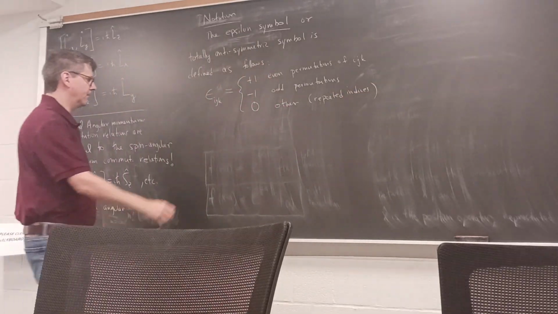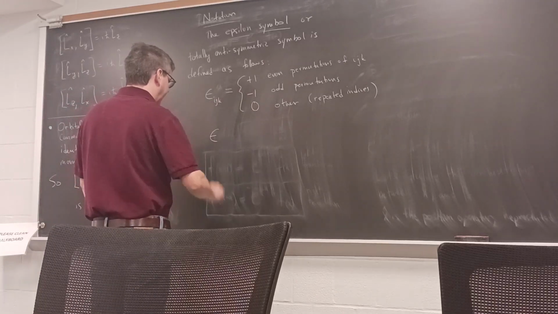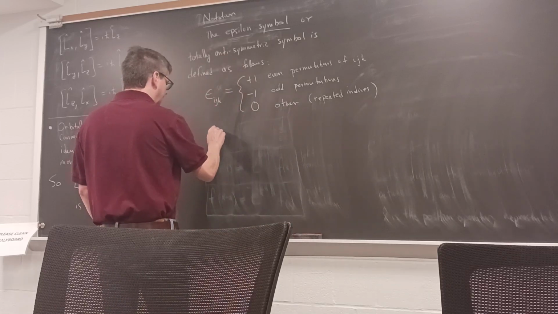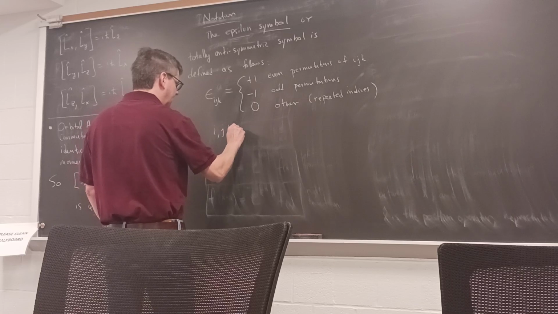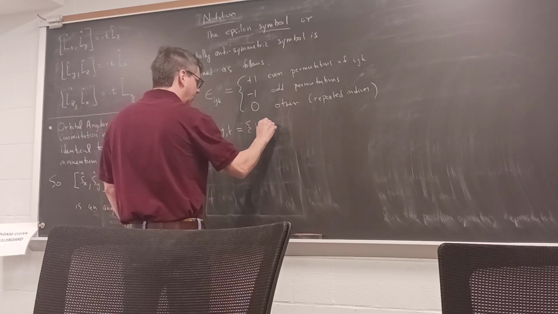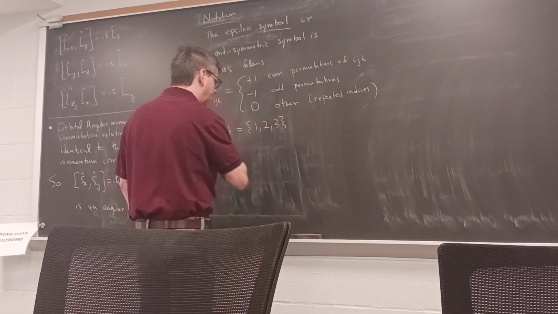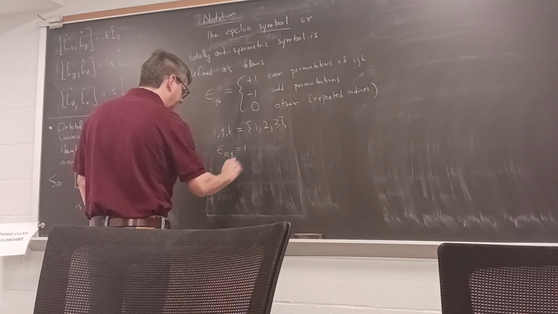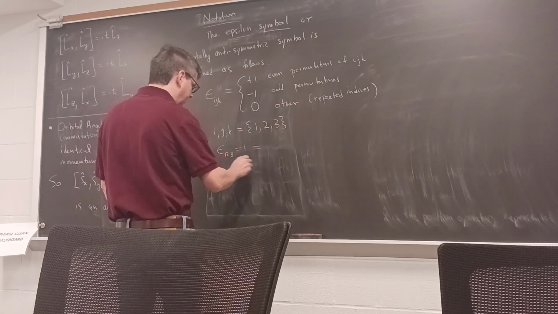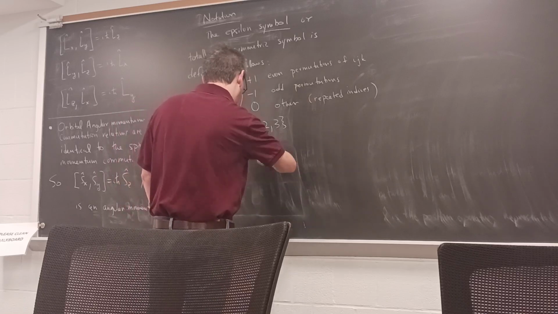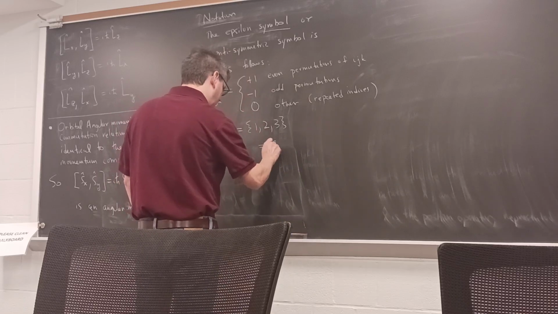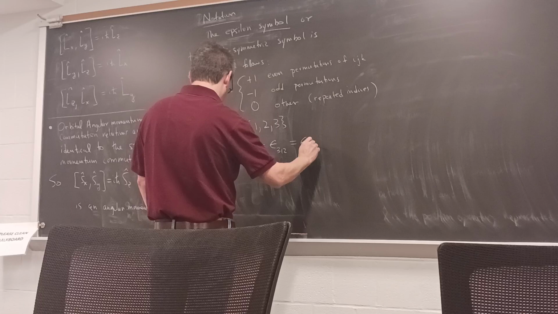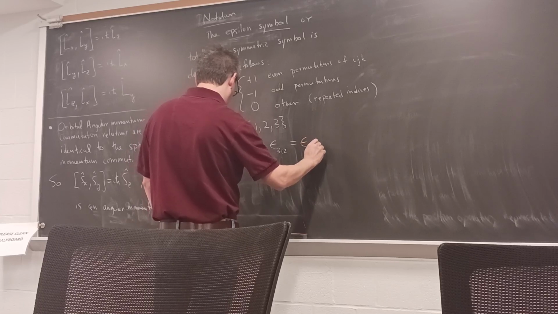Okay, so that means that if i, j, and k are in the set 1, 2, and 3, then epsilon 1, 2, 3 is equal to 1, which is equal to epsilon 3, 1, 2 equals epsilon 2, 3, 1.